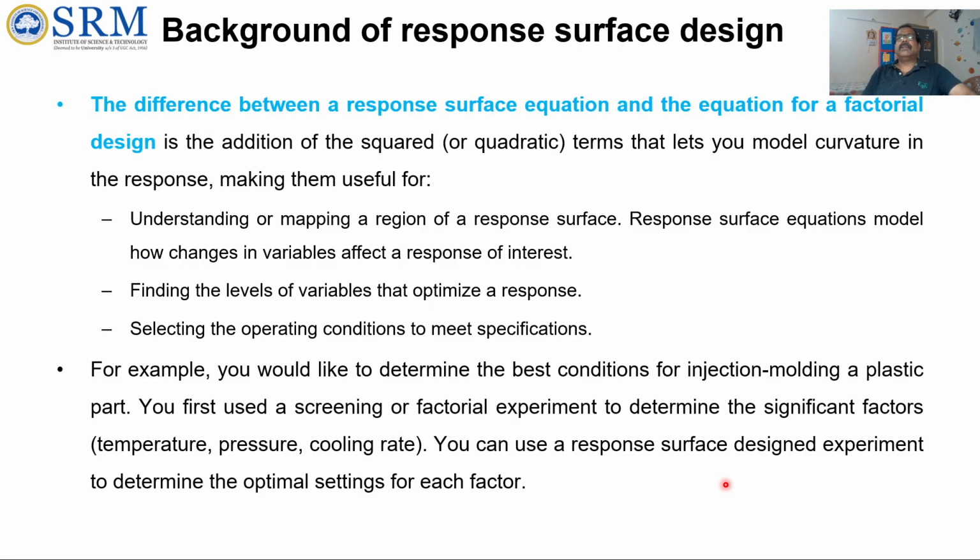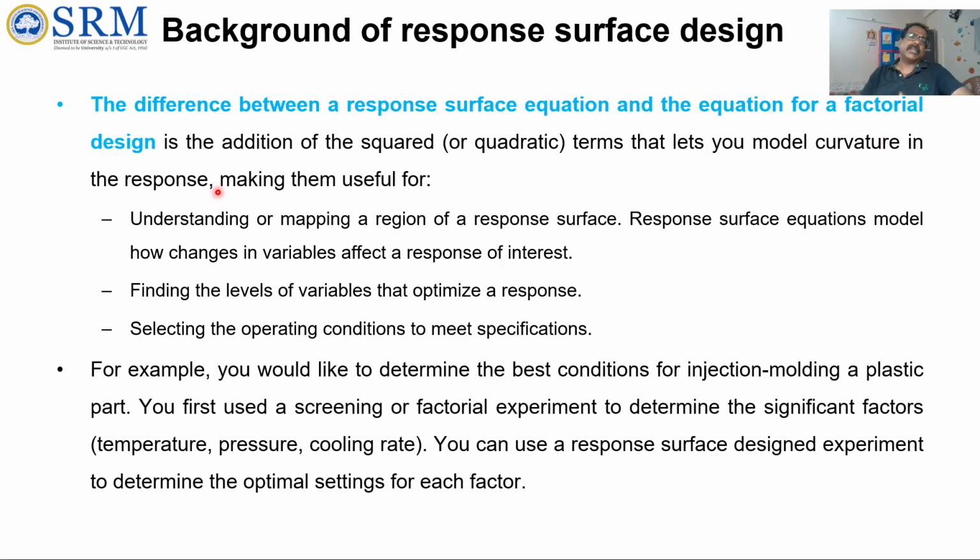And how is it different from factorial design? Basically, the difference between the response surface equation and the equation for a factorial design is the addition of squared, or quadratic, terms that let you model curvature in the response.